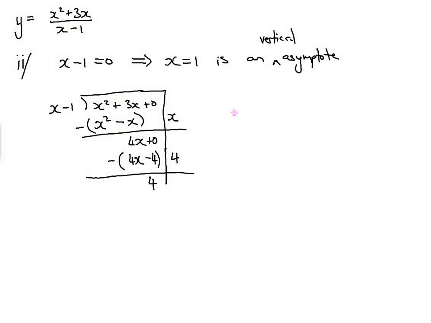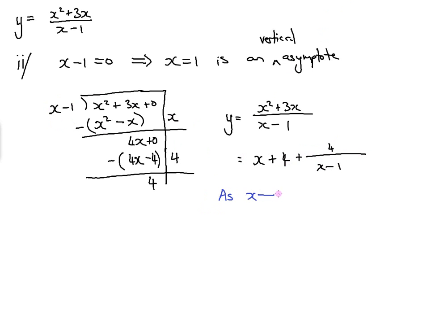So I can say y equals x squared plus 3x over x take 1 is actually equal to x from here, plus 4 from here, plus 4 over our original expression, x take 1. Now, as x tends towards infinity, in the positive or negative direction, what happens here?